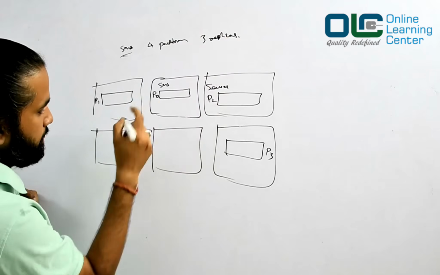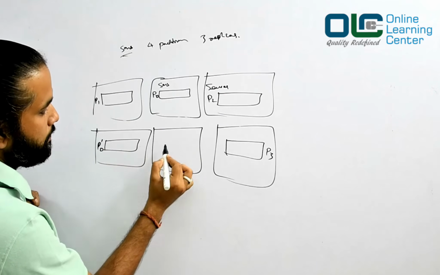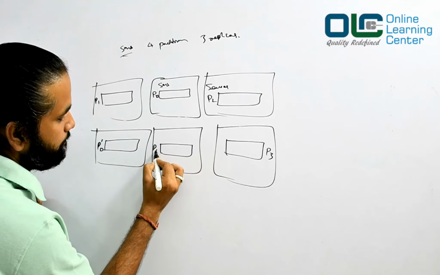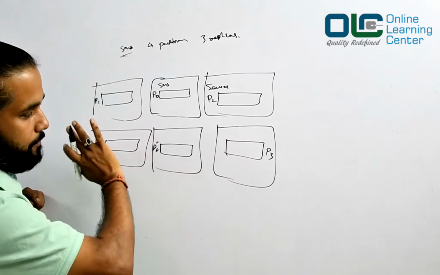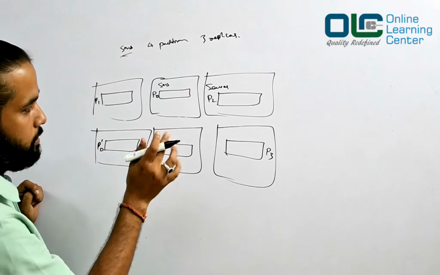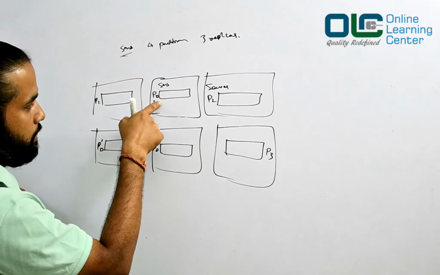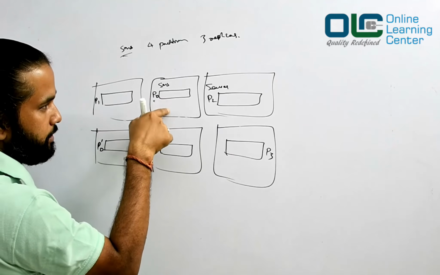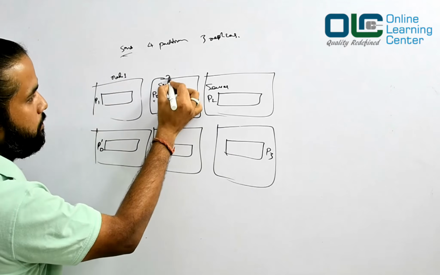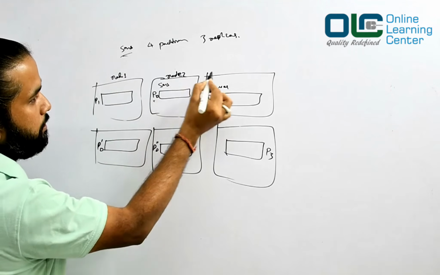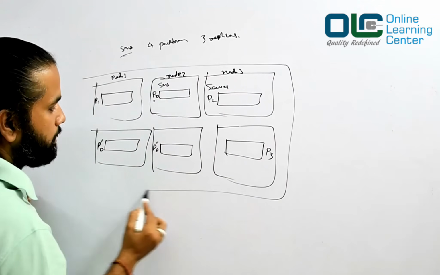This P0 is here, and it will also be replicated here, and also here. Likewise for P2, P3, and so on. We'll not talk about all these things. Let's focus only on one such partition. So this P0, the original copy, is here, and I'll call the servers node 1, node 2, node 3, and so on. This is part of your Kafka server.